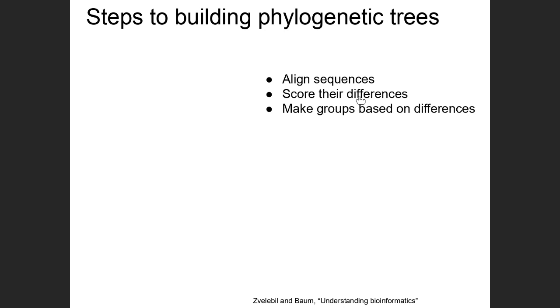We're going to score their differences, and then we're going to make groups based on the differences. So whenever we talk about genetic relatedness, we like to think how similar they are, but the way we calculate how similar they are is by how dissimilar they are. It sounds confusing, but the calculation is what is different between them. So we make a matrix called the distance matrix.